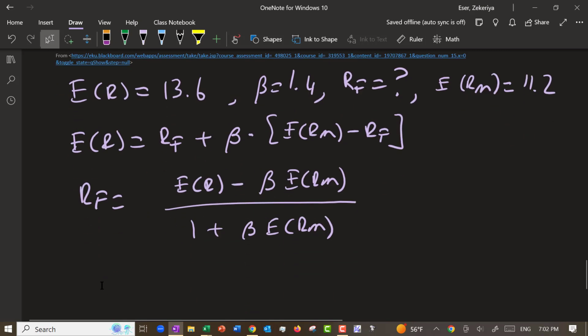So let's calculate that. I'm going to do it in a much more civilized way, but I wanted to show you the uncivilized way first. Solve it algebraically.